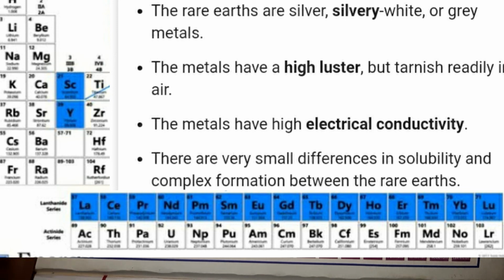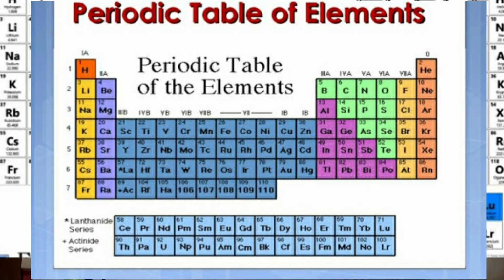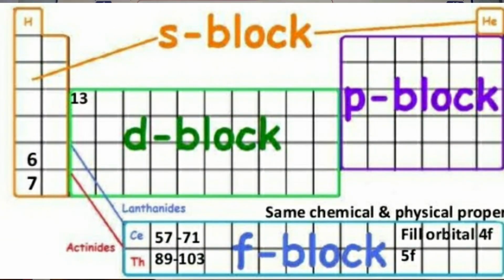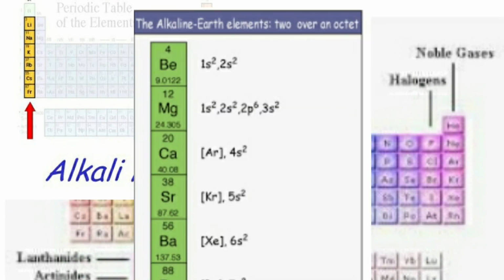You all understood, children? So that's how the elements are arranged in the periodic table, children. So once again, you have to remember, children, we have S block elements. These are towards the left side, you have S block, then you have P block, then D block, then F block elements, children. And the first group elements are called alkali metals. The second group are called alkaline earth metals.